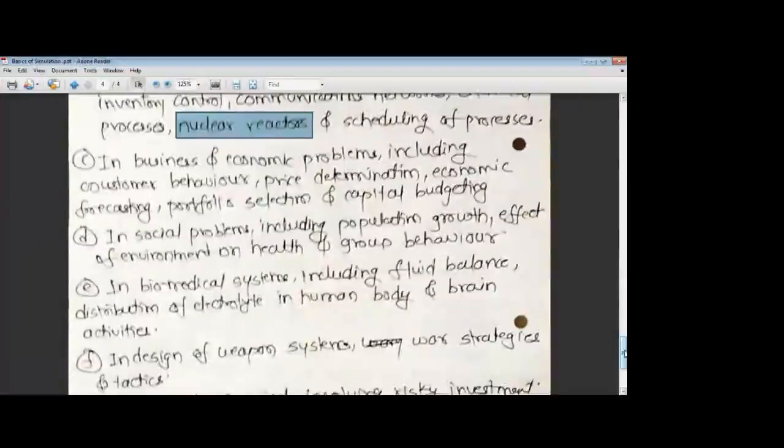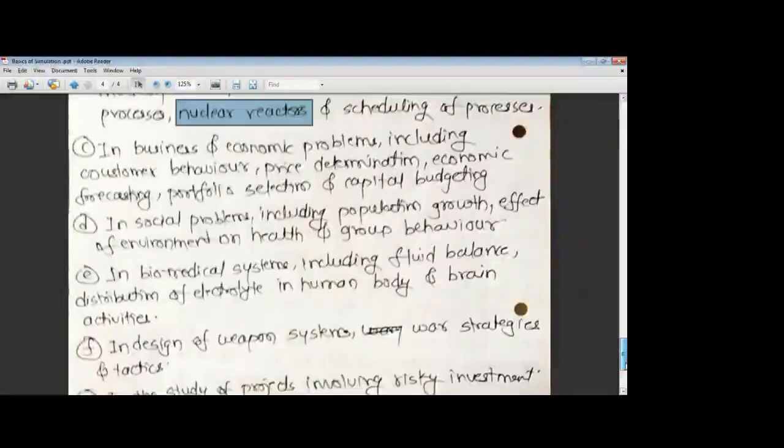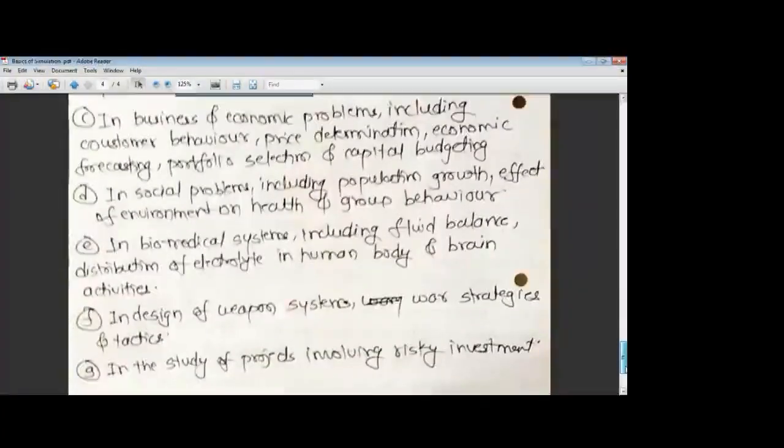In business and economic problems, it has been used for predicting customer behavior, price determination, and economic forecasting. It is being used for portfolio selection and capital budgeting as well, right? Even the ministry people who forecast the economic situation of a country use this kind of simulation model.